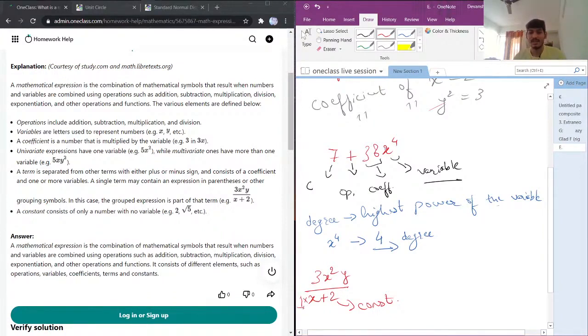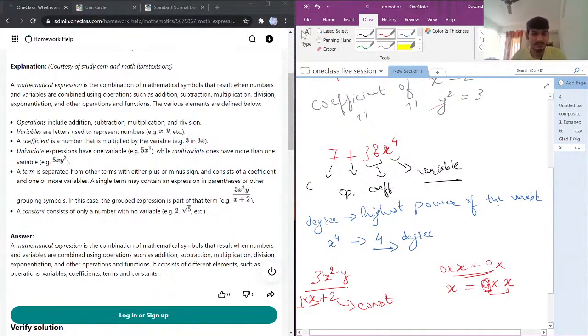Don't think that the coefficient of x in this case is 0. If the coefficient of x were 0, then it would be 0 into x, which will be 0. No, this is not true. If x is written all alone by itself, then the coefficient of x is 1, because it is 1 into x. So never make this mistake.